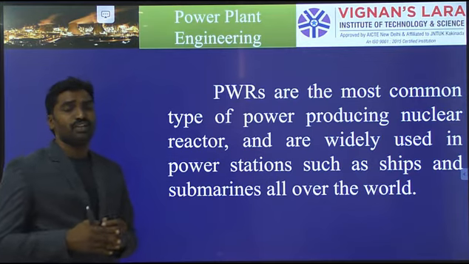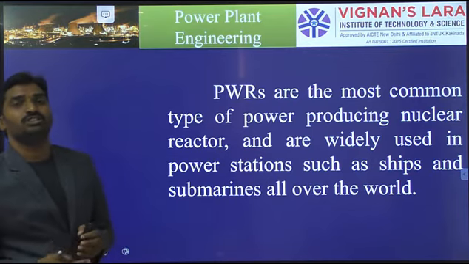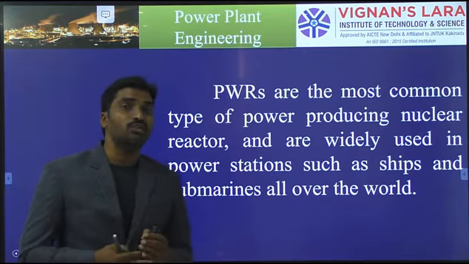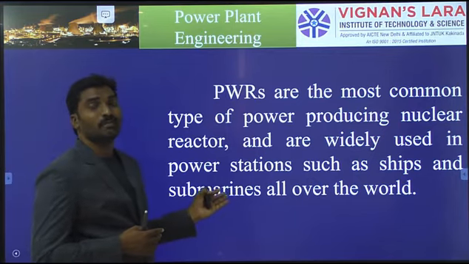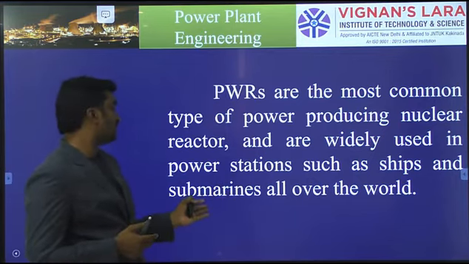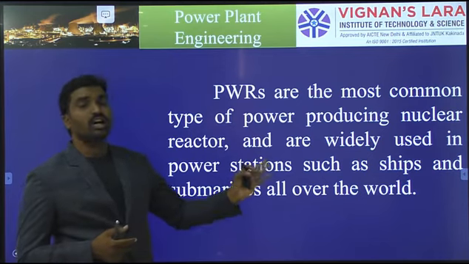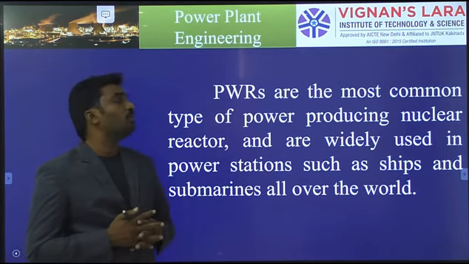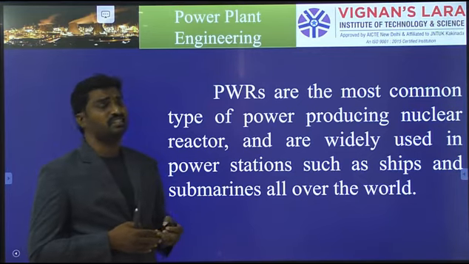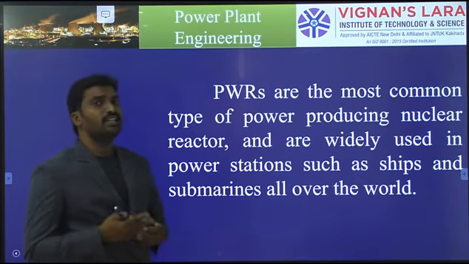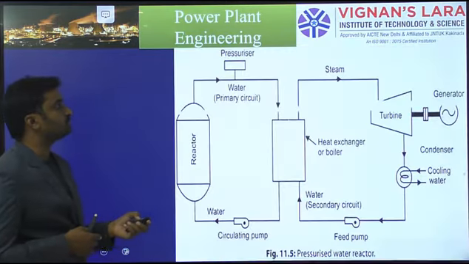So where can we apply this PWR system? It is a very useful system for the power sector, such as marines and ships. Submarines all over the world use a PWR as a reactor, because it's very easy: we only need to increase the pressure of the water.